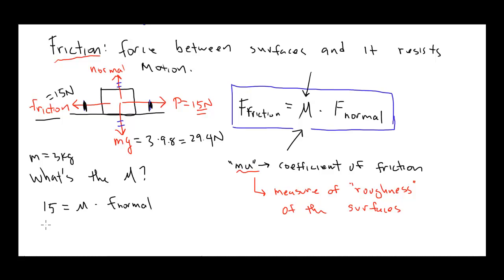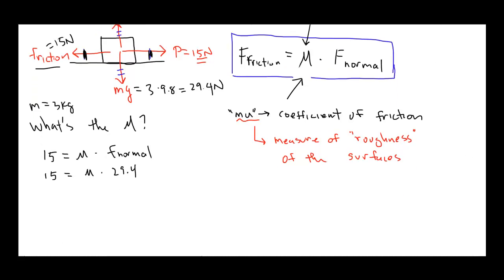So now I can say 15 equals mu times 29.4, which means mu equals 15 divided by 29.4, which is very roughly 0.5. So mu is 0.5. This is the mu value.